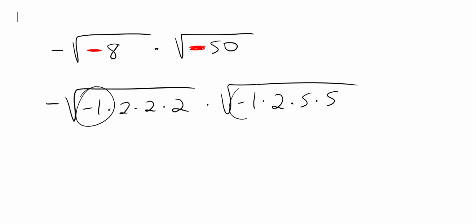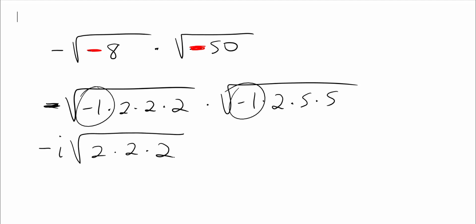So the first thing you do is you're going to deal with those. So that negative's already here, so there's an i there, comes out. And I have 2 times 2 times 2. And then this one, the i is going to come out. So I have an i, and I have 2 times 5 times 5.